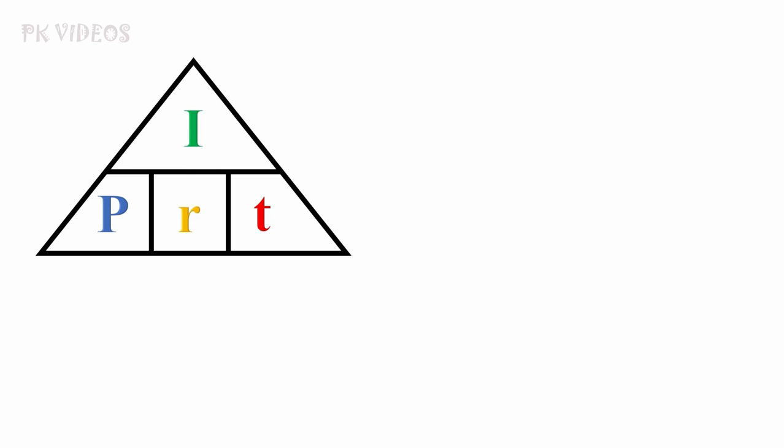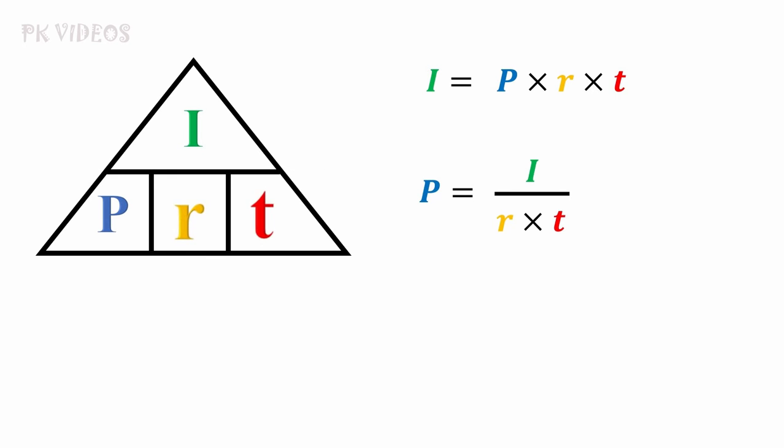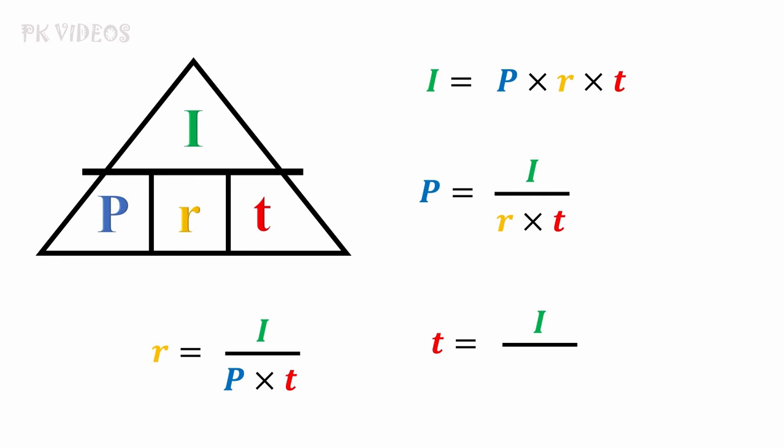Now looking at this triangle, we can write the formulas. Interest is equal to principal times rate times T. Principal can be calculated as interest over rate times T. Rate can be calculated as interest over principal times T, and time can be calculated as interest over, what will be the other two?